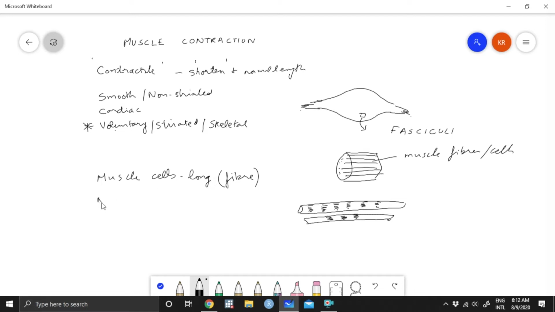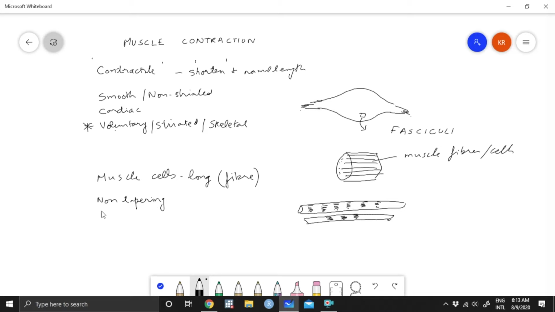These are non-tapering, because when you are seeing it under a light microscope, they are quite long, therefore you don't see the ends tapering.